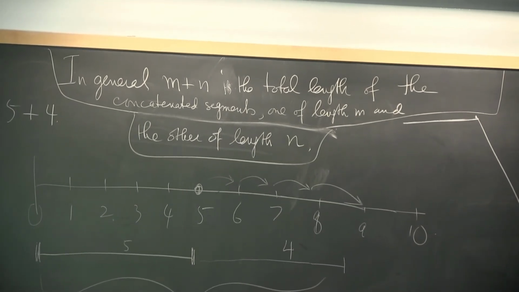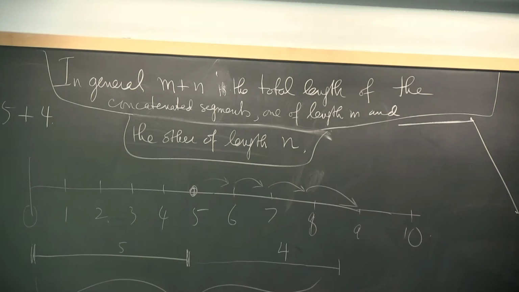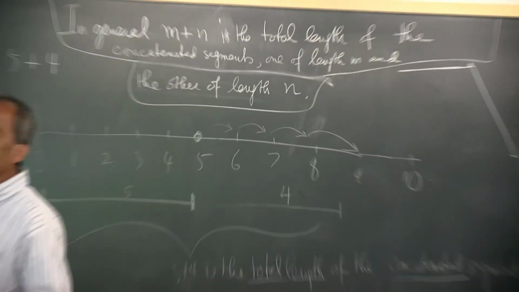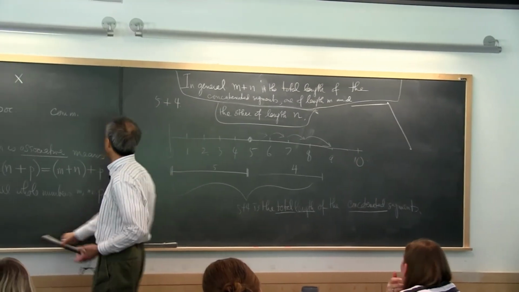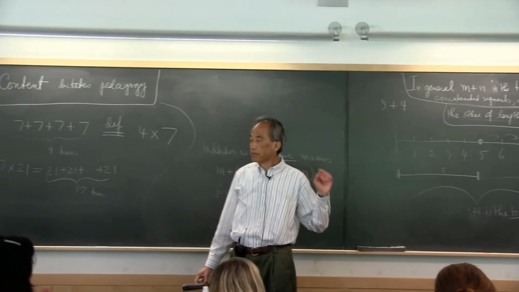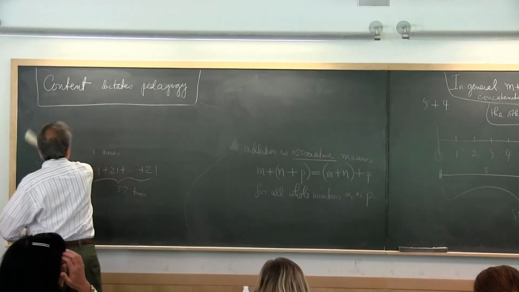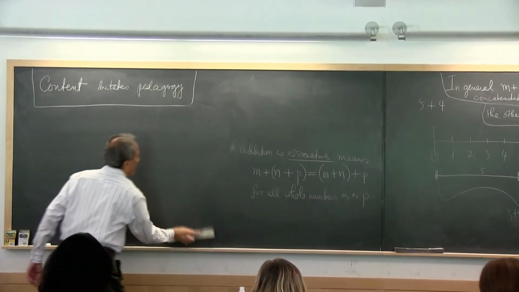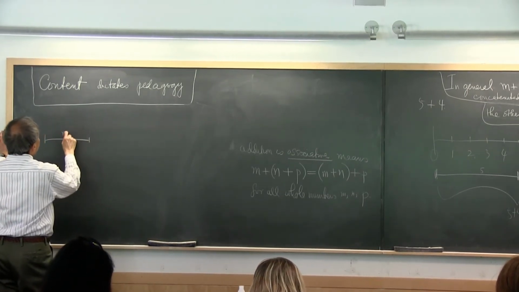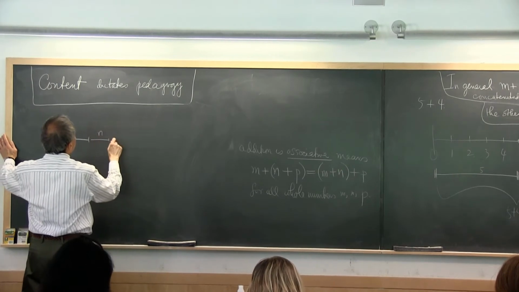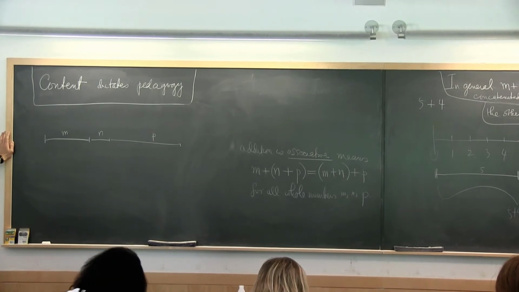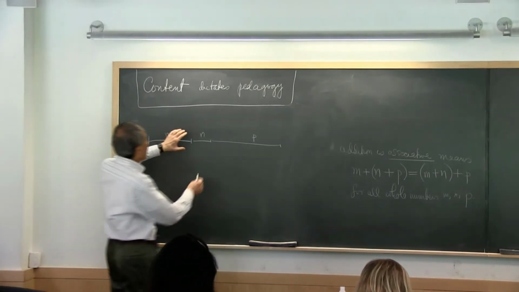So you have a geometric representation. But now I can explain to you in one glance, in one stroke, why this is true. Okay? Because what does it say? Let's say, am I too fast? Does it follow? So let's say I have segments of length m, n and p. The left-hand side is what? I look at this first.